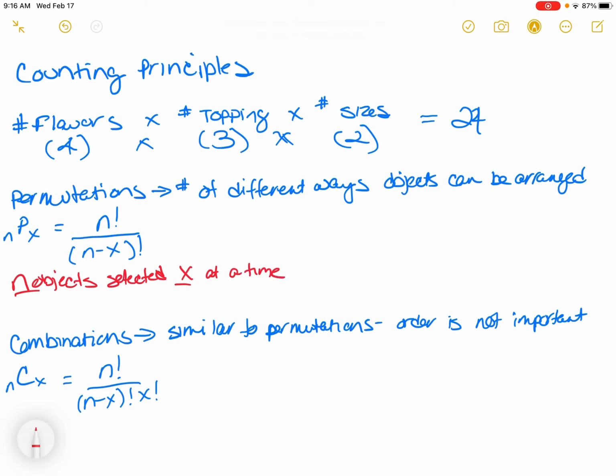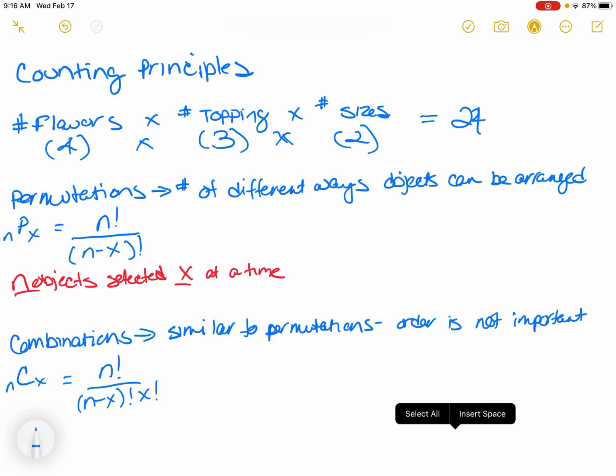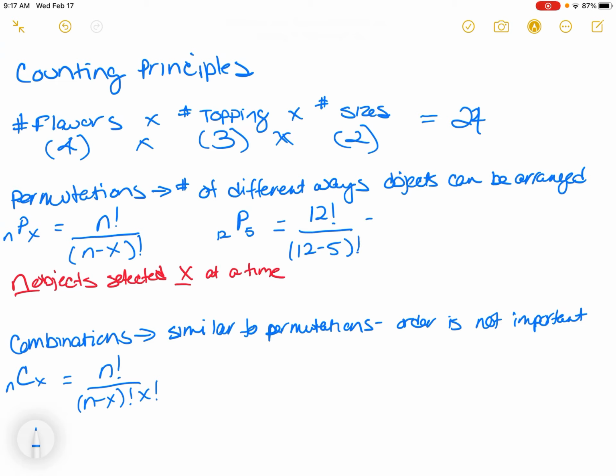Okay, so for this particular situation, I'm going to go back to my blue. I love writing in blue. So we're going back to calling the names. Let's say we have a basketball team with 12 players, and we're going to call their names out 5 at a time, right? So this is going to be equal to the permutation 12 factorial divided by 12 minus 5 factorial.